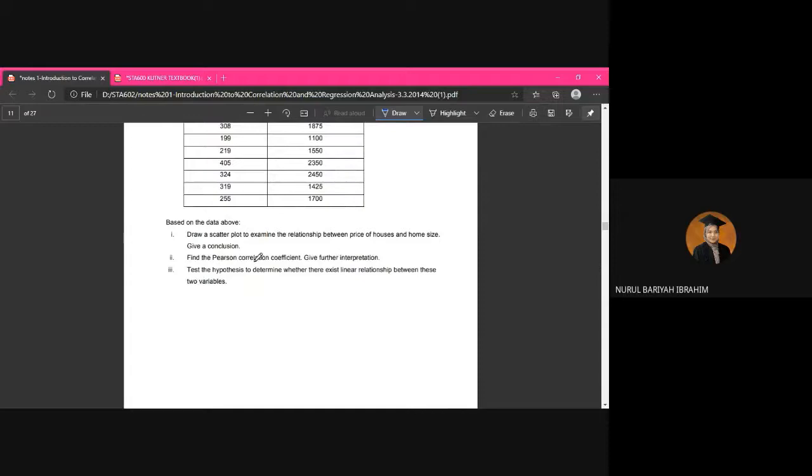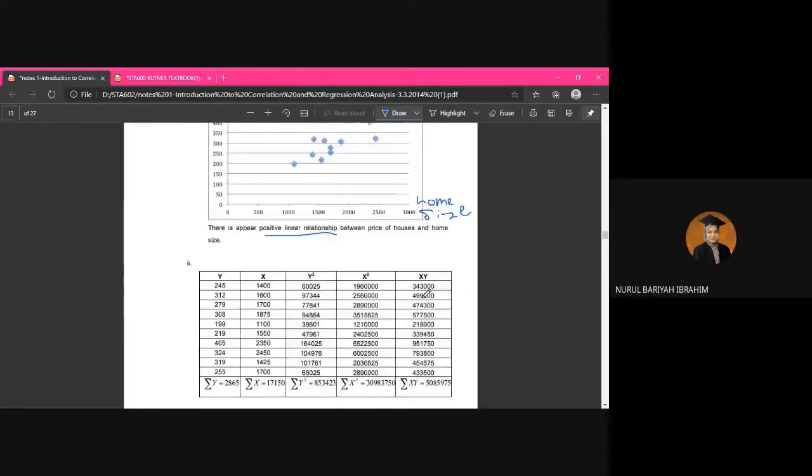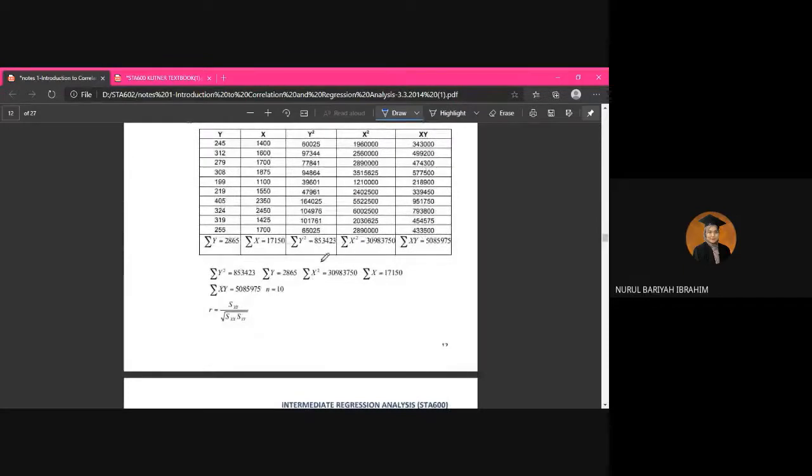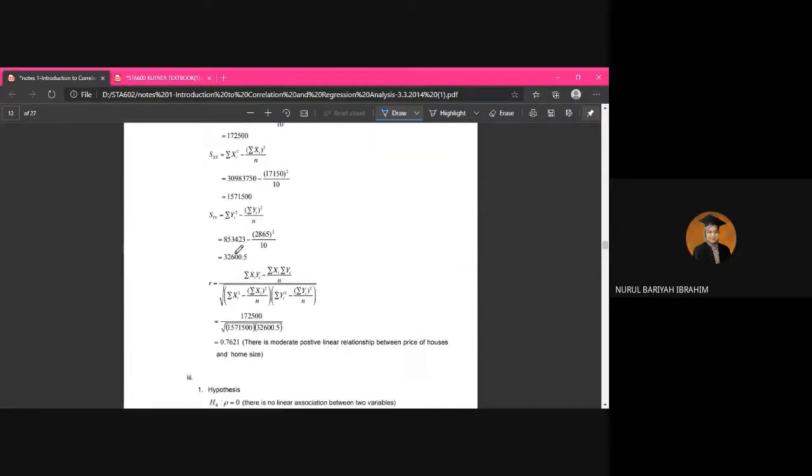Okay, find the Pearson correlation coefficient, give the further interpretation. Okay, let's say we calculate all this value, okay, all this summation. Actually, you can get it from the calculator, right? When you key in the value of x and y, you will have all this summation and apply the formula of R. Okay.